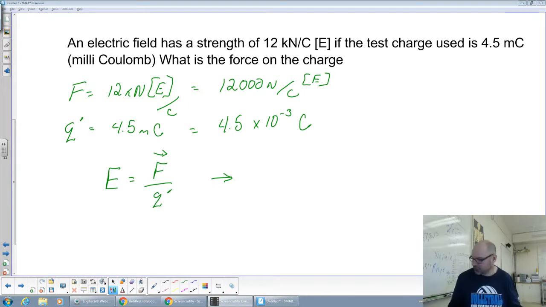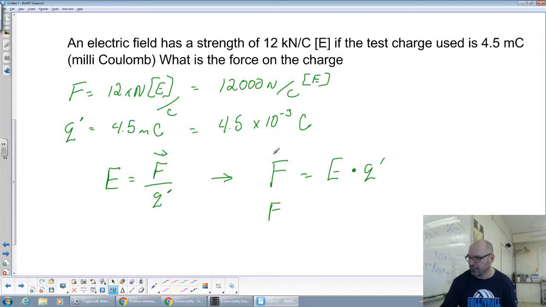Okay, so just working on a problem there. So let's finish what we were doing. We're going to rearrange it for force. Force equals, if we multiply these two together, the electric field times Q prime to get force.